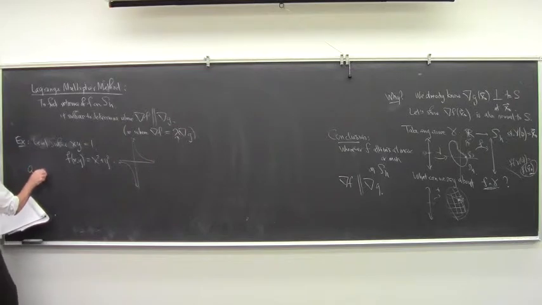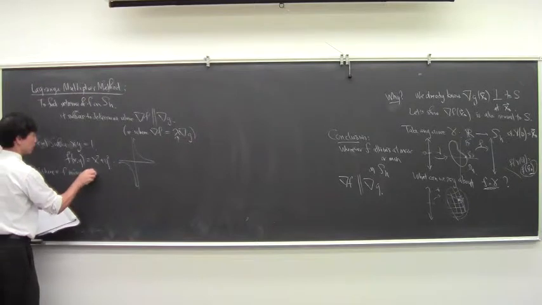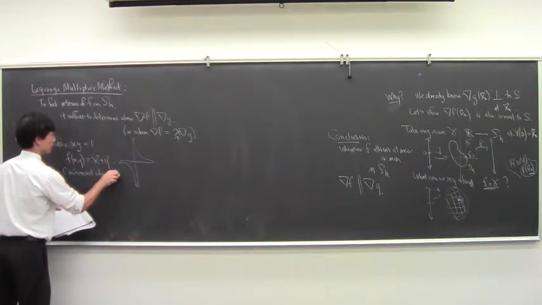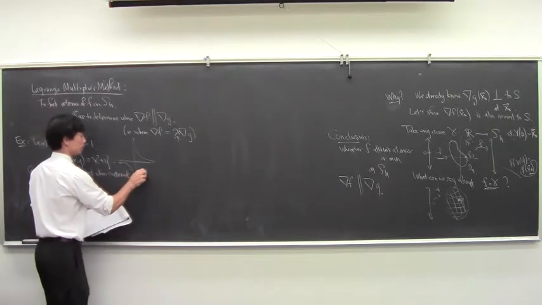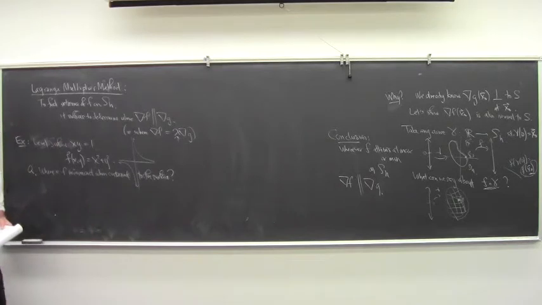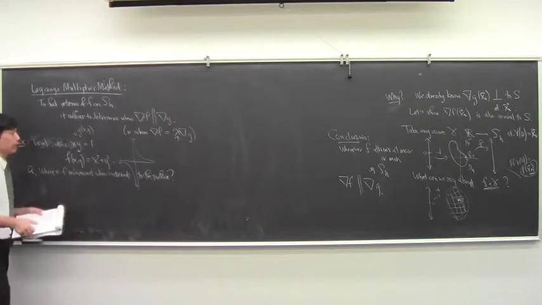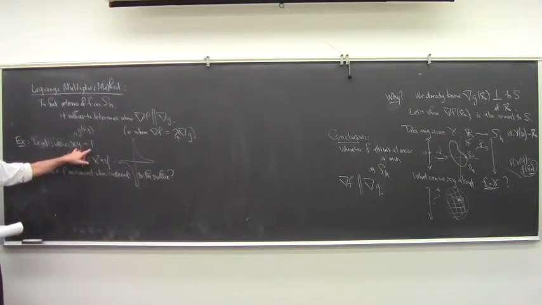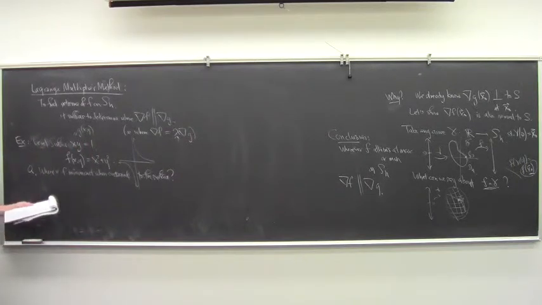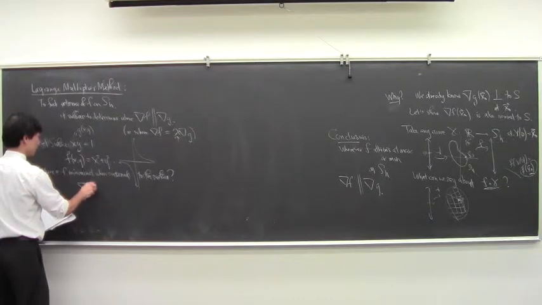The question is, where is f minimized when constrained to the surface? This thing here is your g of x, y, the function that defines the level surface. You're setting it at a height of 1. The game is, you just take gradients.